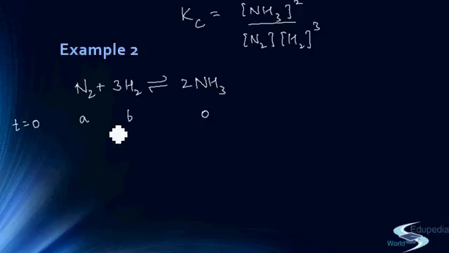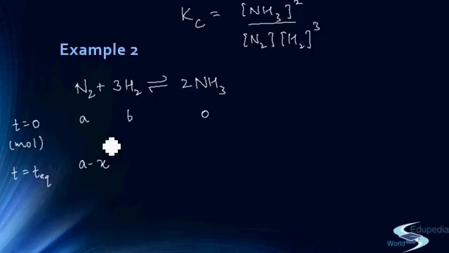So how do you write the expression at equilibrium? At equilibrium, I can say that the moles have now become A minus X, where X I have assumed to be the moles of N2 consumed by the time equilibrium is achieved in the container.